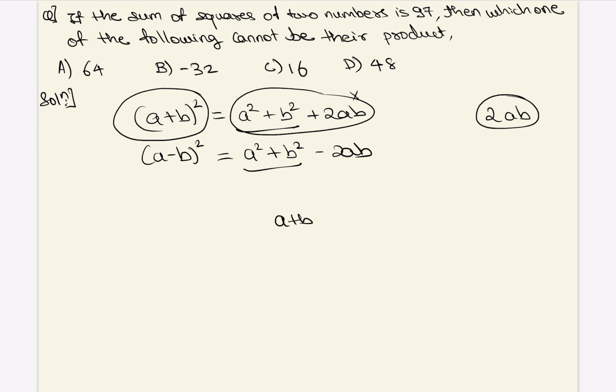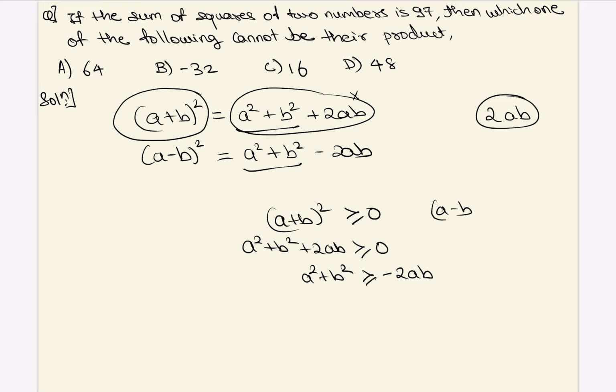So any value when squared has to be greater than or equal to 0. So a square plus b square plus 2ab has to be greater than or equal to 0, which means a square plus b square has to be greater than or equal to negative of 2ab. Similarly for a minus b whole square, this also has to be greater than or equal to 0 because it's a square of a value.